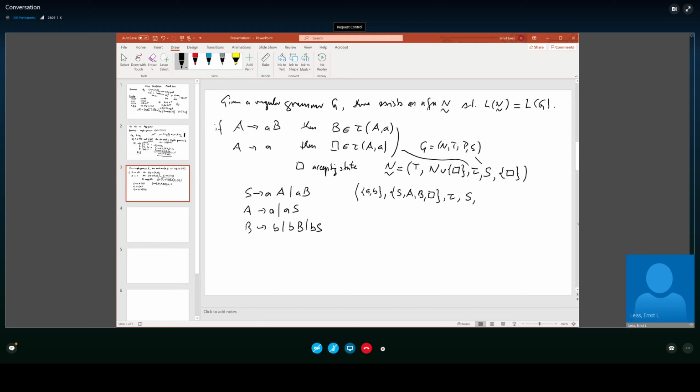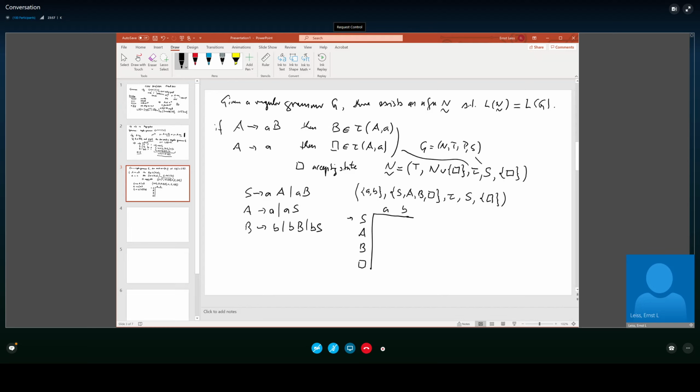We have S, and we have the square as the only final state. And so now for tau, we have S, A, B, and the square, and we have little a and little b. And of course, S is the starting symbol, but that's already clear from that.